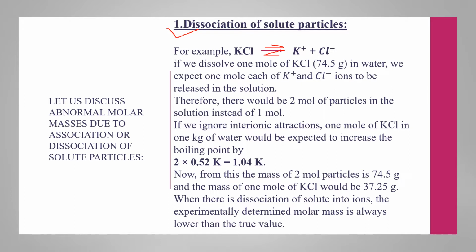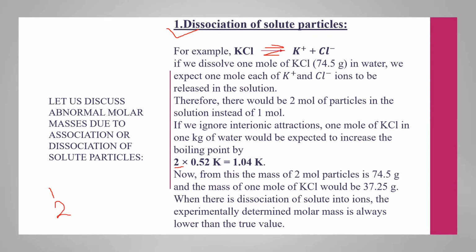And if we ignore interionic interactions, 1 mole of KCl in 1 kg of water would be expected to increase the boiling point by 2 into 0.52 Kelvin. Initially we started with 1 mole and after dissociation we get 2 moles.